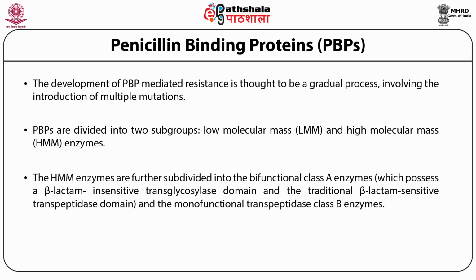The high molecular mass enzymes are further divided into bifunctional class A enzymes, which possess a beta-lactam insensitive transglycosylase domain and a traditional beta-lactam sensitive transpeptidase domain, and monofunctional transpeptidase class B enzymes. So we have bifunctional class A enzymes and monofunctional transpeptidase class B enzymes.